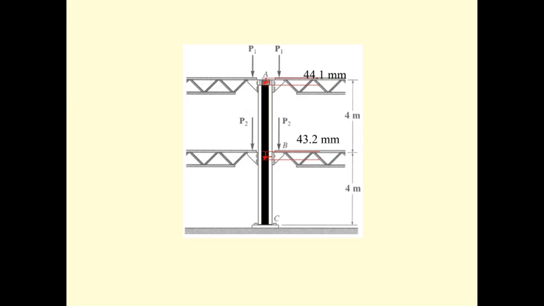Okay, this is 43.2. That is 44.1. This is the deformation of the BC segment, and it includes the deformation of 0.87 of the column AB. Okay, and it's going to be this one.